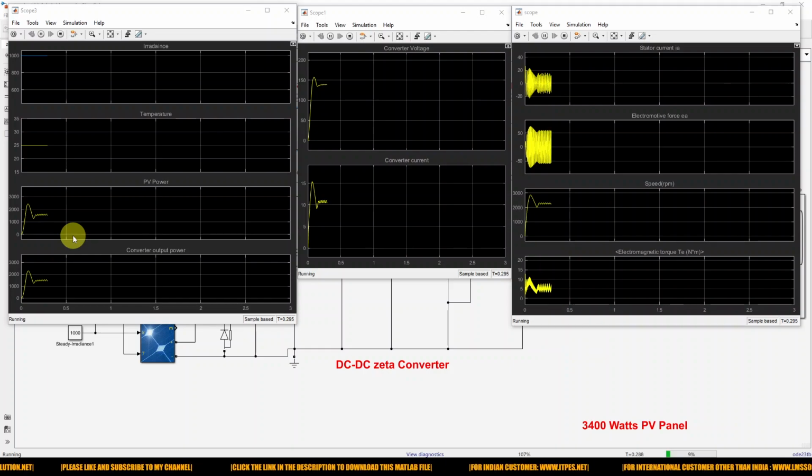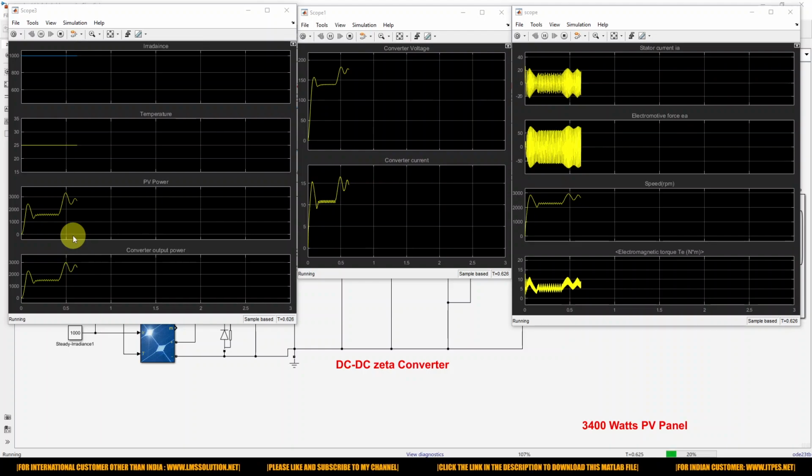It takes a long time when you compare it with the hybrid PO PSO MPPT and PSO MPPT, which take less time to reach the optimal duty cycle point or the maximum power point. But you can see the response of PO MPPT in the solar PV powered BLDC motor water pump. It takes a long time to find the optimal duty cycle or to extract the maximum power from the PV panel.